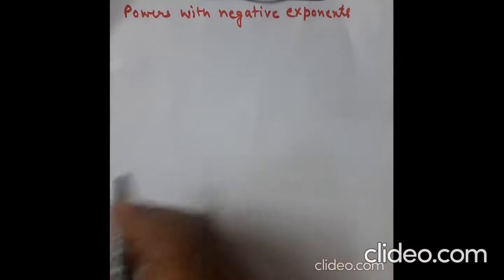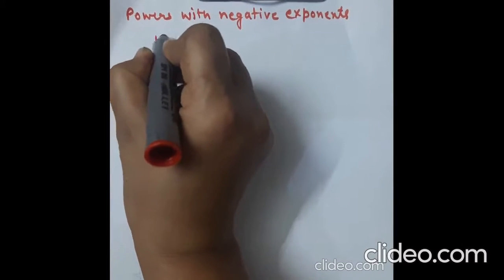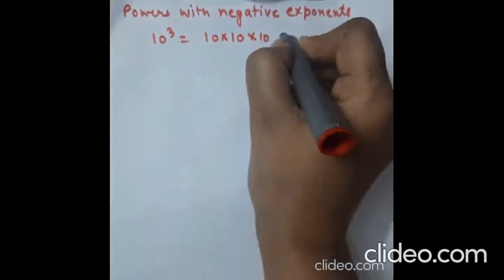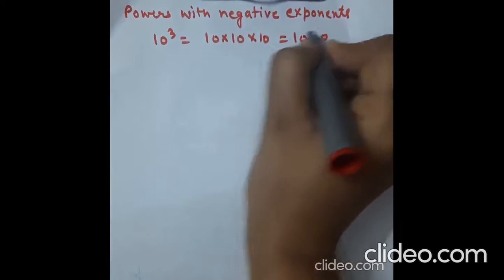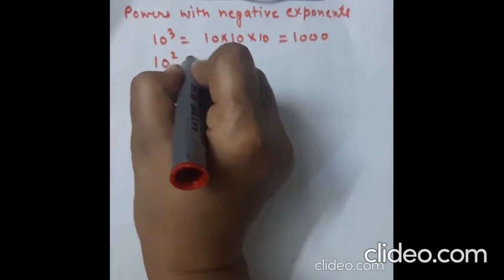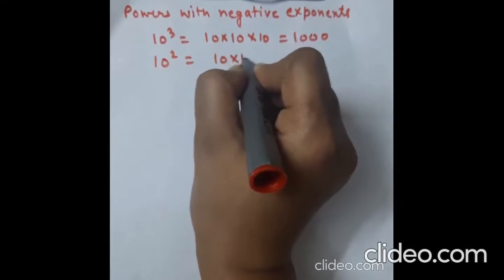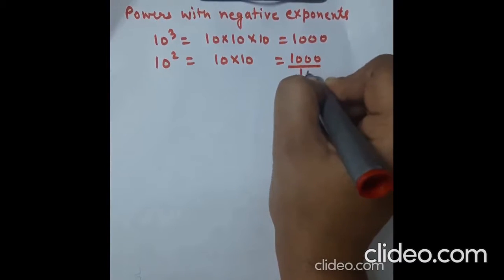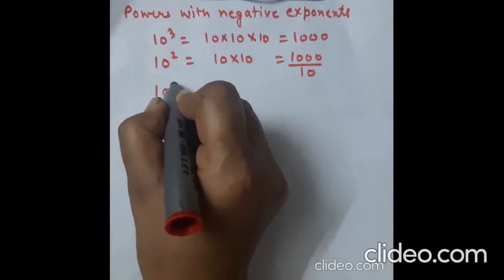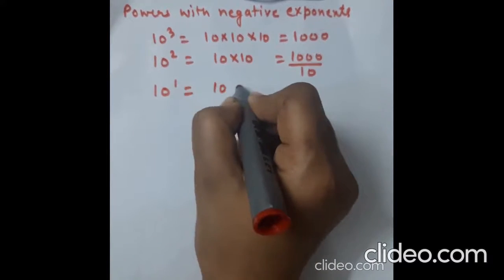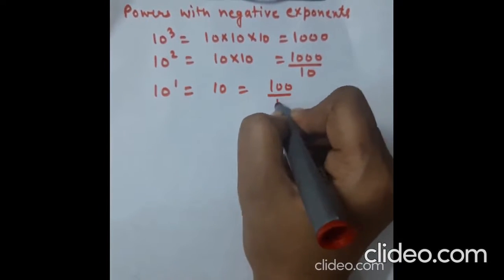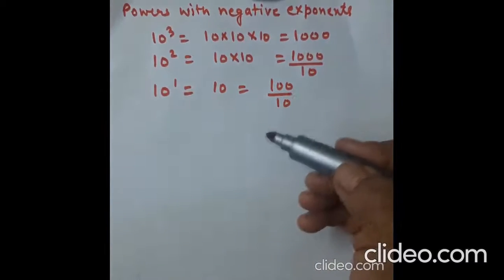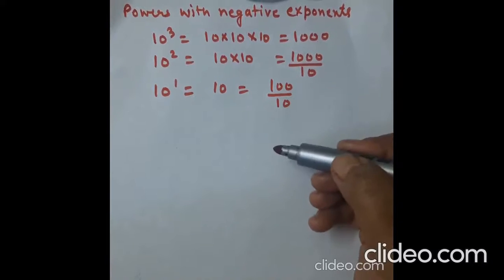Let's take an example. 10 raised to the power 3 is 10 multiplied by 10 multiplied by 10, that is equal to 1000. 10 raised to the power 2 is 10 multiplied by 10, equal to 1000 divided by 10. 10 raised to the power 1 is equal to 10, and that is 100 divided by 10.